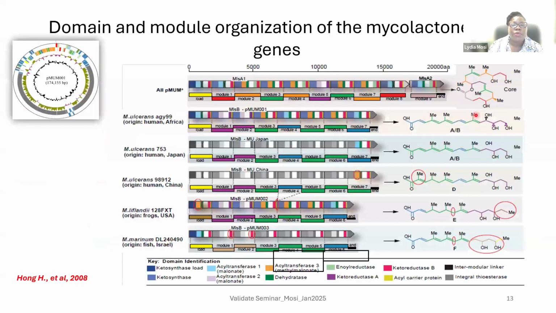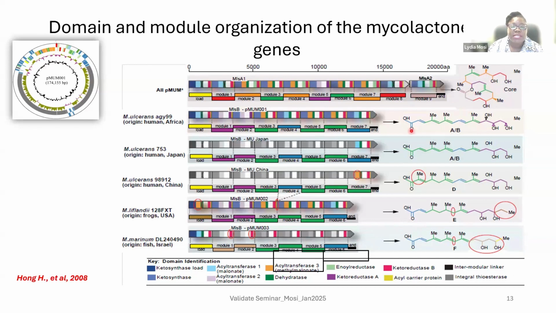So is there a difference between the congeners of mycolactone that these fish and frog isolates make compared to the congener that is produced in M. ulcerans? The answer is yes. What is common to all of these different mycobacterial species is the fact that they make the same core molecule. They have on the plasmid the machinery that is capable of making the core lactone molecule.